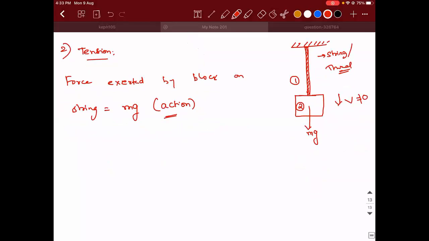Now the question is, what is the reaction offered by the string?